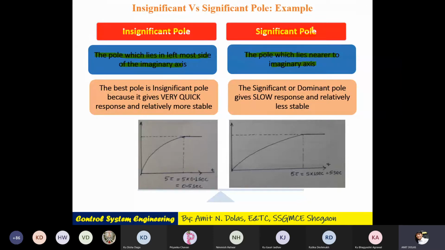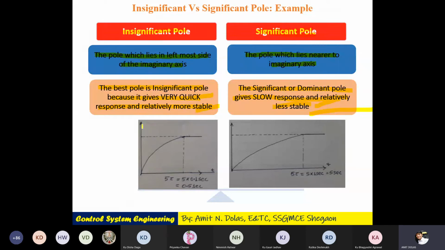It is also called dominant pole. So the best pole is the insignificant pole because it gives very quick response and is relatively more stable. The significant or dominant pole gives slow response and is relatively less stable. You can see quick, slow, more stable, less stable.